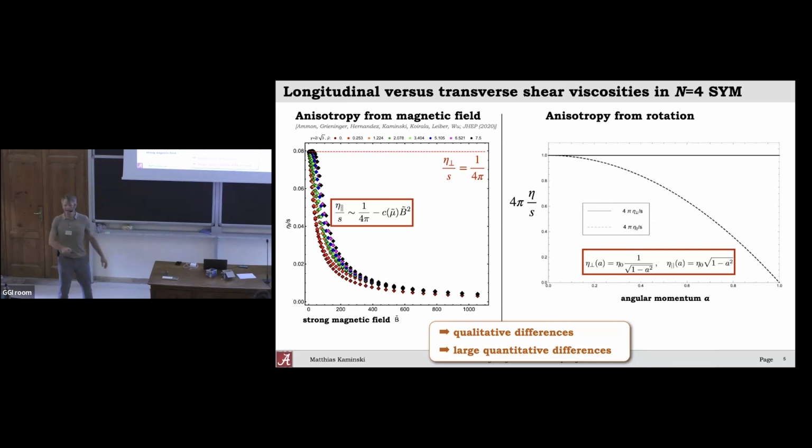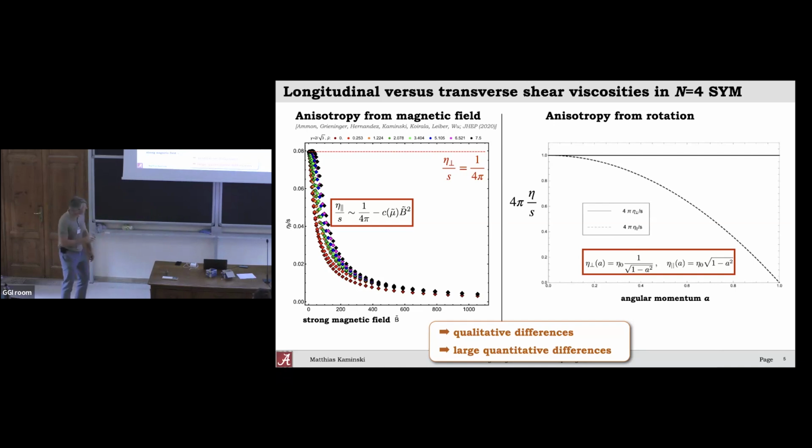This one, I have not explained it yet. Happily, thank you for the question. So moving from the magnetic field to the rotation, there are 2 Kubo relations that you can extract. Well, okay, I should be more careful here.